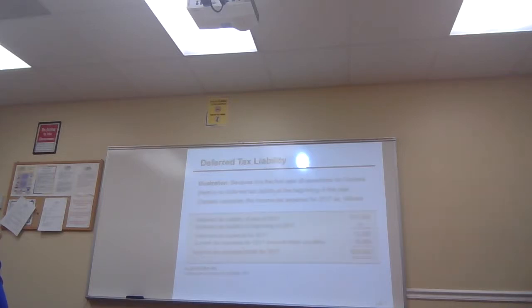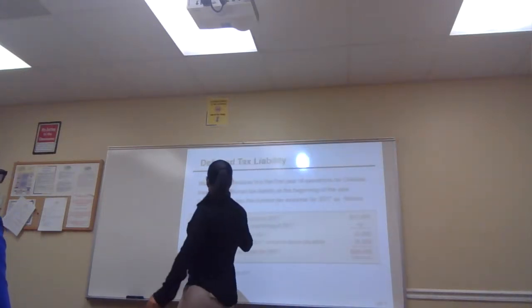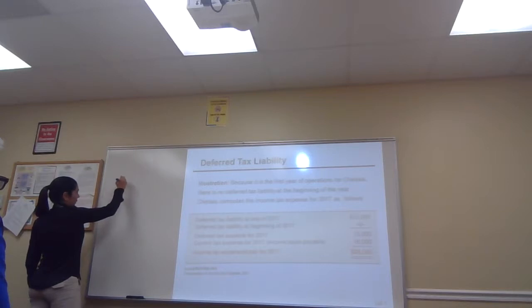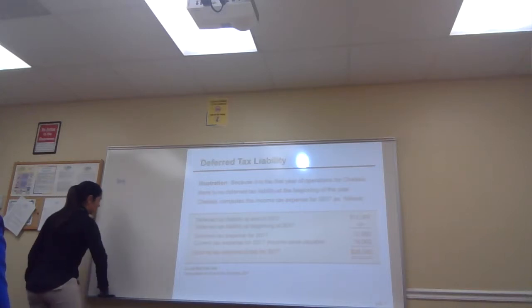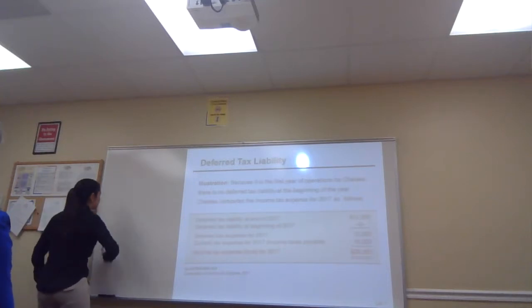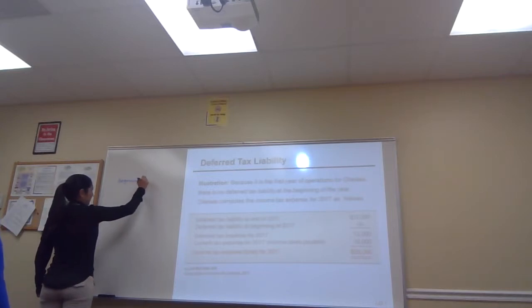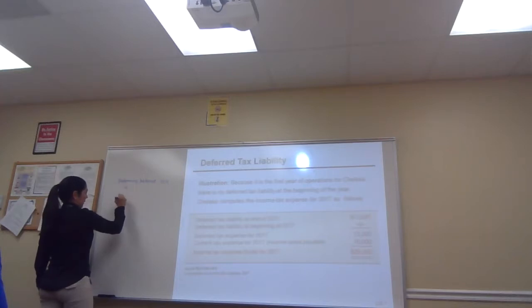Because it's the first year of operations for Chelsea, there is no deferred tax liability at the beginning of the year. So this is basically going to explain what I was saying. Deferred tax balance sheet accounts have a beginning balance. Remember your T accounts that you learned in your classes? Increases, and you have increases, and you have your ending balances.